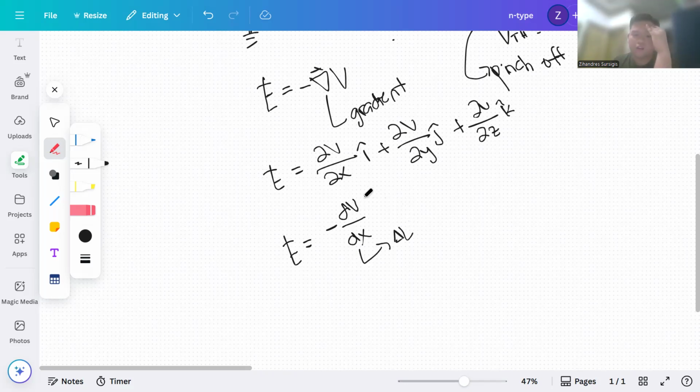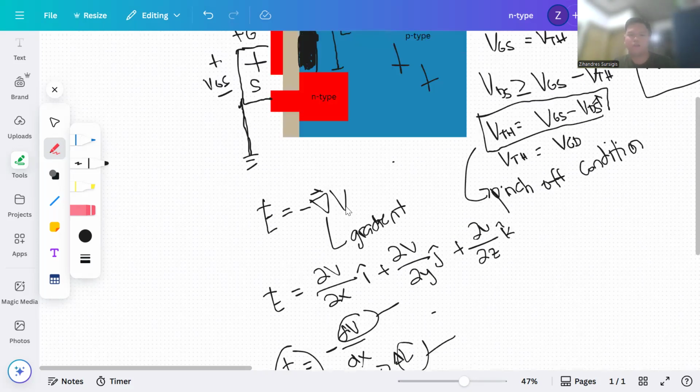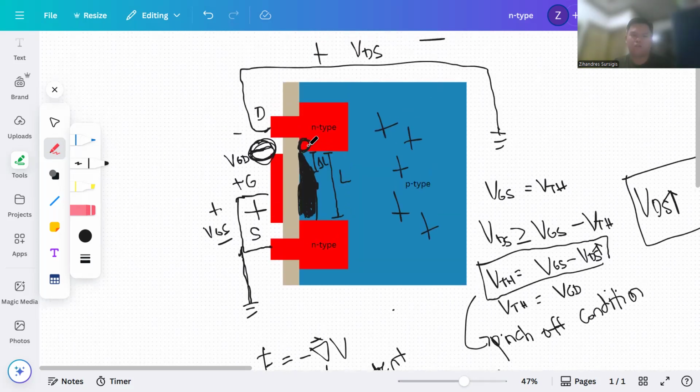If this value here stays the same, and then this value here is very small, so what happens? Meron akong malakas na electric field. And if malakas yung electric field mo, mas malakas yung tendency mo na hatakin yung mga electrons na nagfo-flow dito sa pinch off area na to. Kaya nagkakaroon ng slight increase in current.